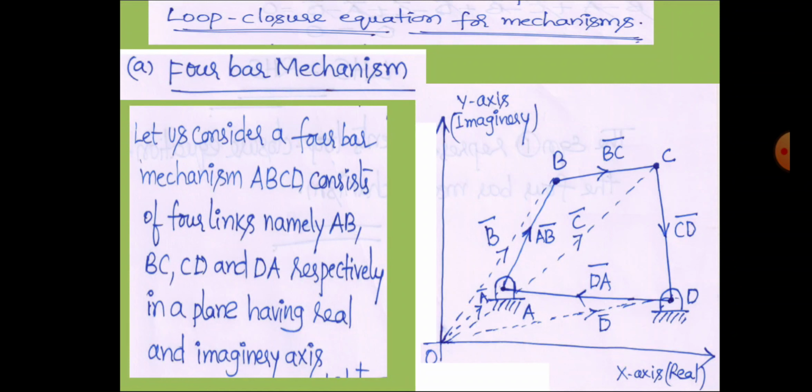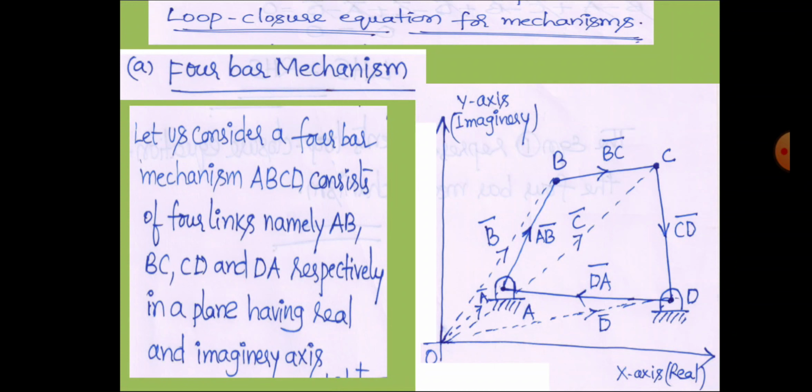Now I will discuss in a simple way how to find the loop closure equation for some mechanisms. First, I said very clearly, here in velocity and acceleration analysis of mechanisms by analytical method, only 2 mechanisms: one is the four-bar mechanism, another one is the slider crank mechanism. For these 2 mechanisms, now I will discuss how to write the loop closure equation.